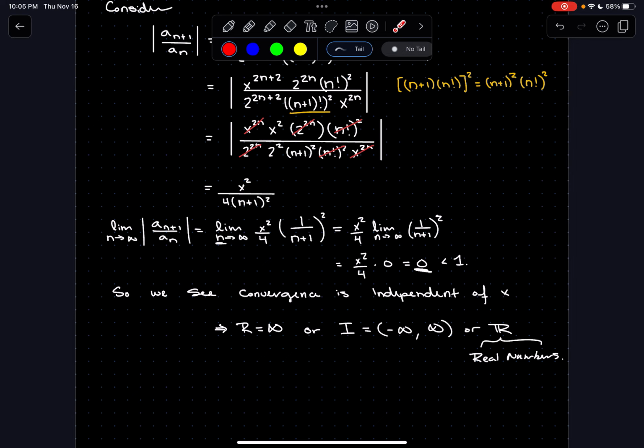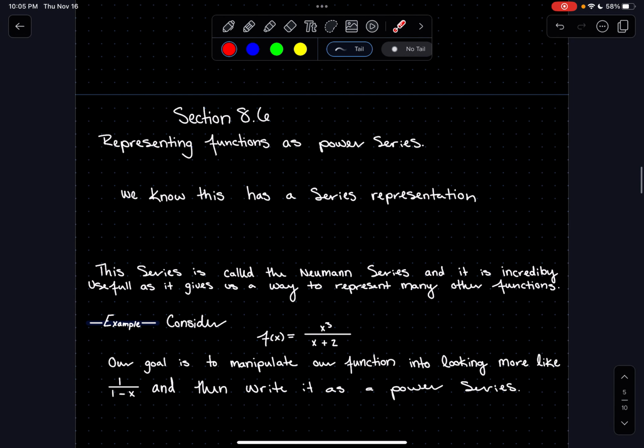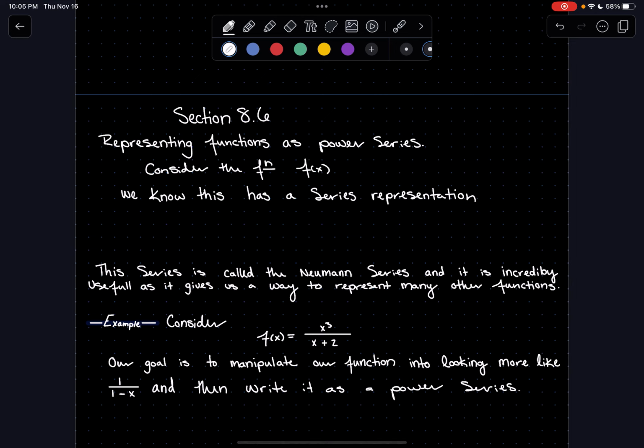So with that being said, we're going to move on to section 8.6. And so we're going to consider this function. The function, this is my shorthand for function, f of x equals 1 over 1 minus x, okay?